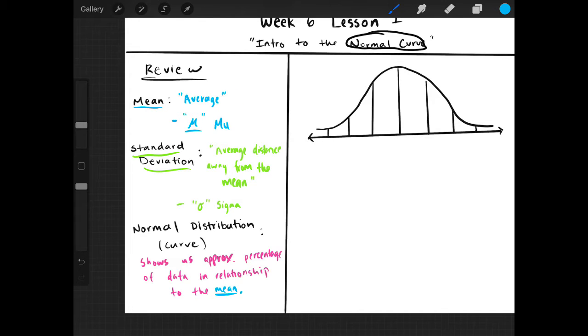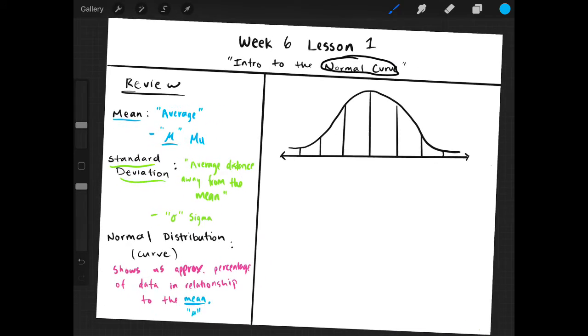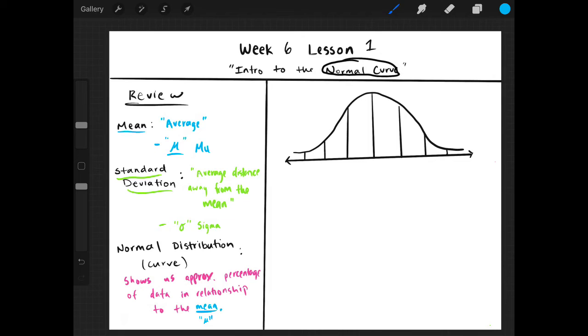And how we're going to look at it is through standard deviations. So how it works is there's a rule.